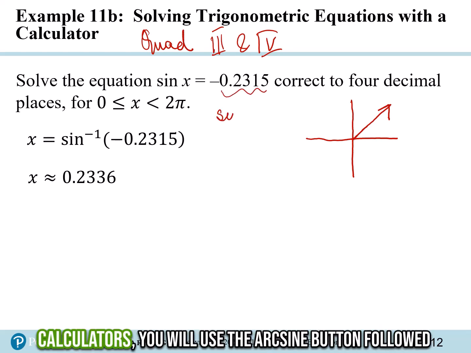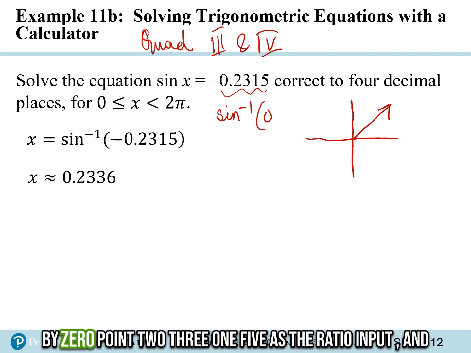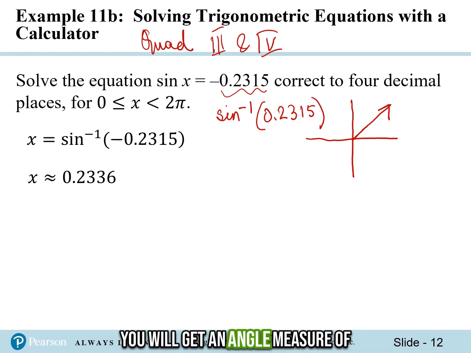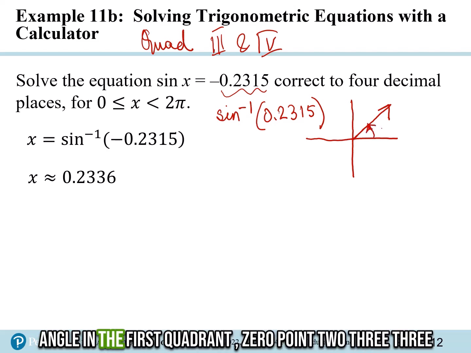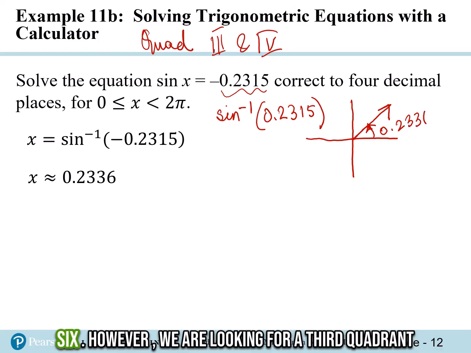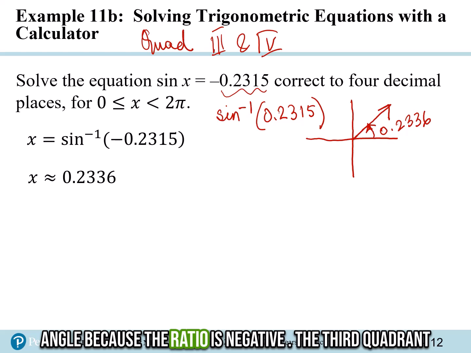On your calculators, you will use the arc sine button followed by 0.2315 as the ratio input, and you will get an angle measure of 0.2336, which is really this angle in the first quadrant, 0.2336.